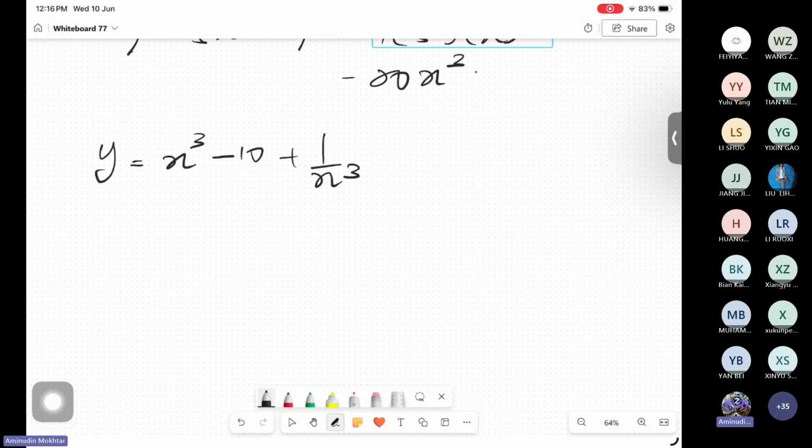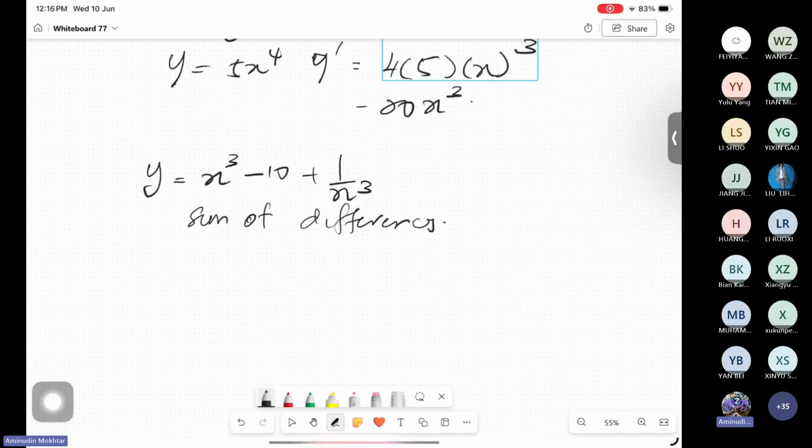We have one rule here. The rule is called the sum and difference rule. We add or we subtract. For example, we have y equals x to the power of 3 minus 10 plus 1 over x to the power of 3.